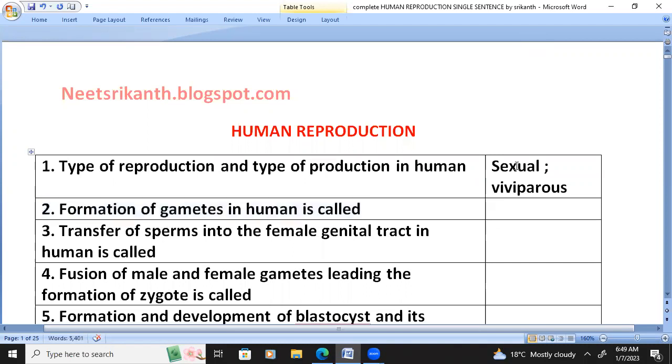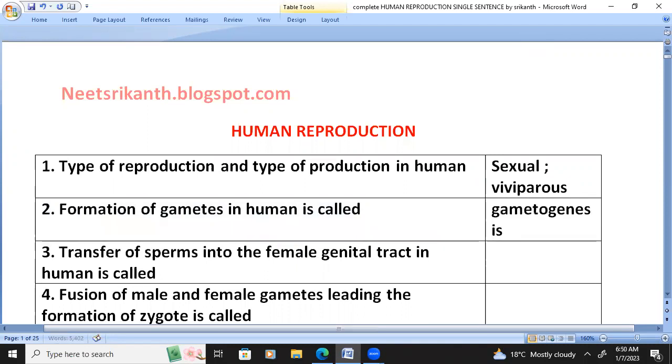Formation of gametes in human is called gametogenesis. Transfer of sperms into the female genital tract in human is called insemination. Fusion of male-female gamete leading to the formation of zygote is called fertilization.